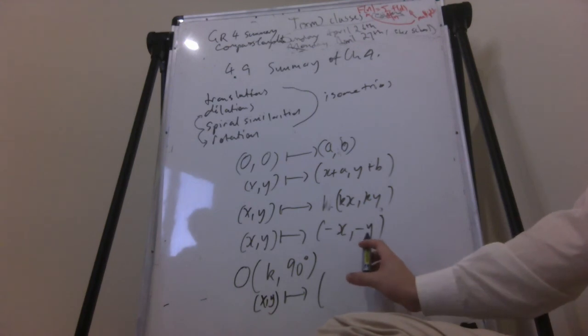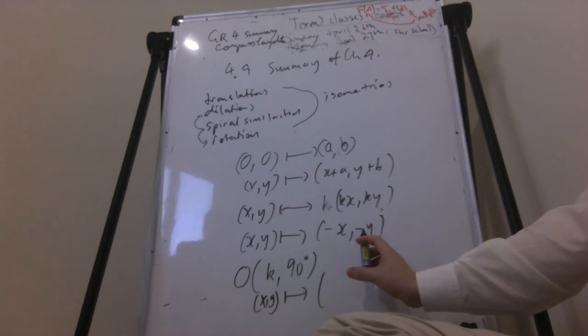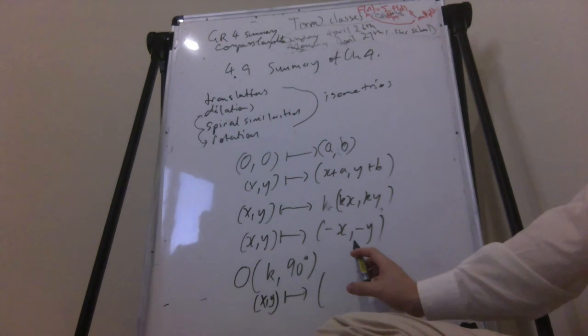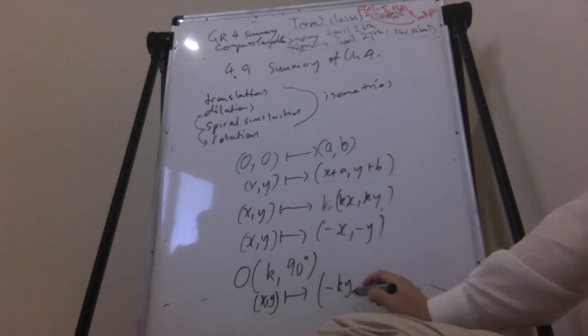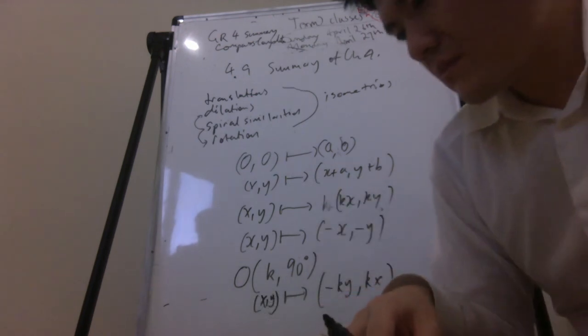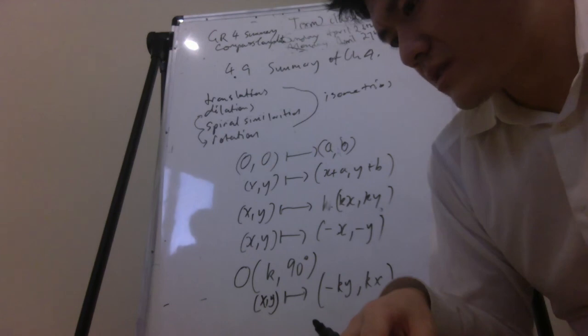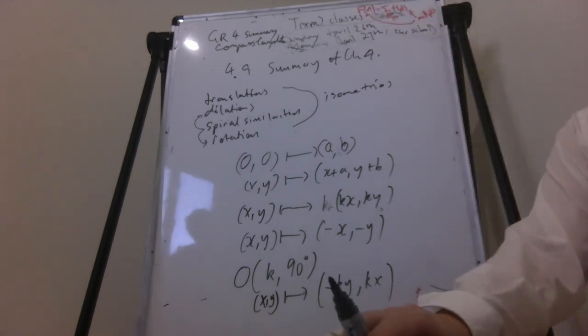It's x plus iy, so if you multiply by i, you get minus y plus ix. So it's minus y, and then you have to multiply by k, and then it's kx here. And a symmetry that has not yet been mentioned. It's hard to do that one. Did we do reflections? We haven't done it.